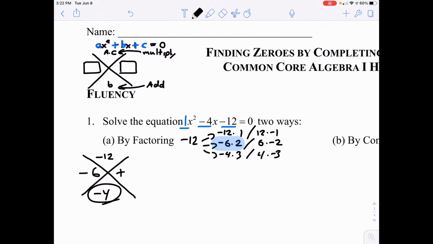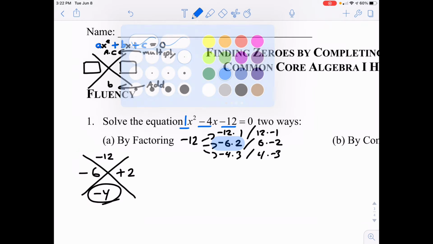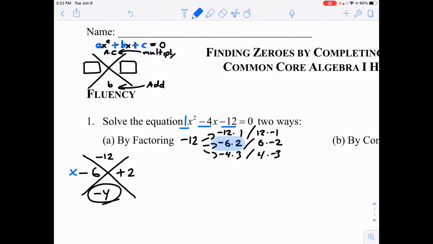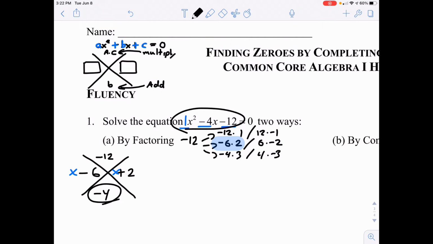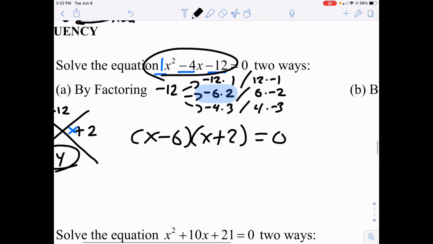-6 and +2. So all I do to complete the factoring is I slap on an x in front of these, and this becomes x minus 6 times x plus 2 equals 0. Now, to actually solve it, we're going to use the zero product property, which means we take each one and set them equal to 0.